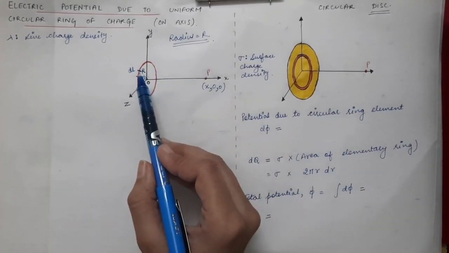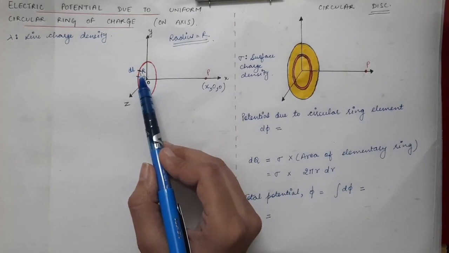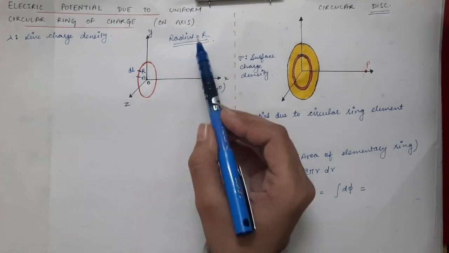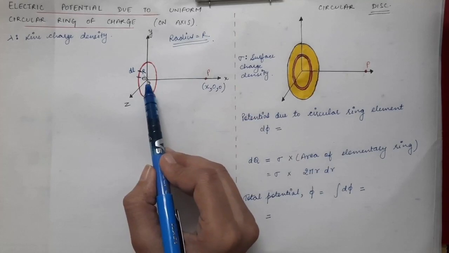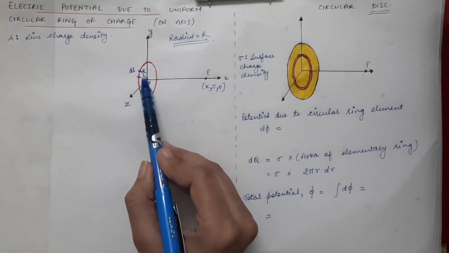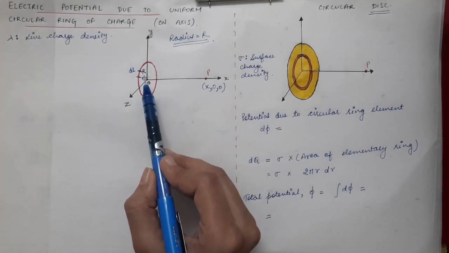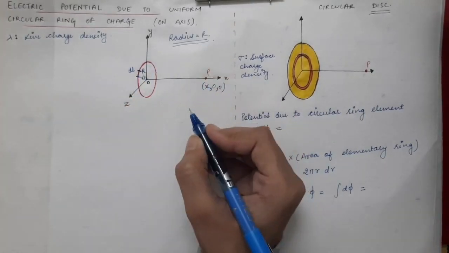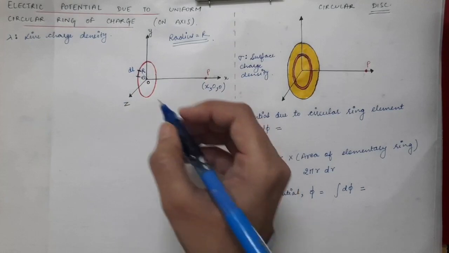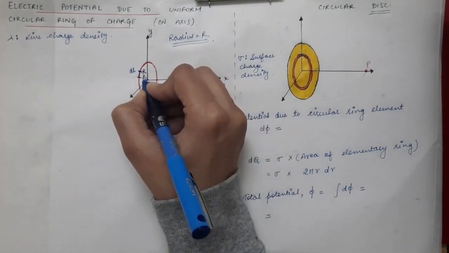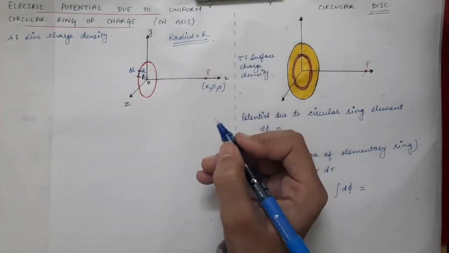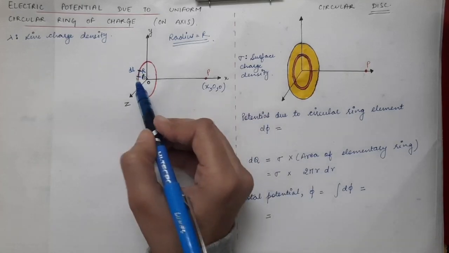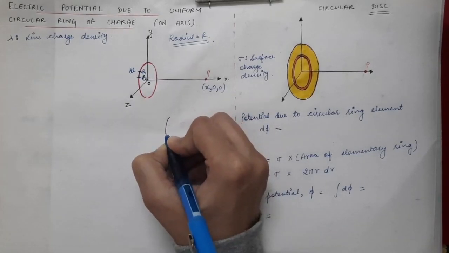So the distance of any point on the circumference of the ring from the center will be equal to the radius. So this length will be equal to capital R, as well as this length will also be equal to capital R. So this small length element is making an angle of d theta at the origin. So I am making the diagram over here again.